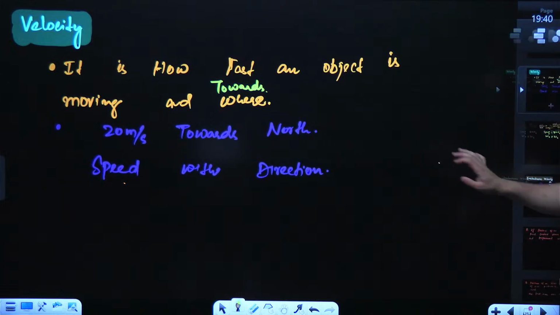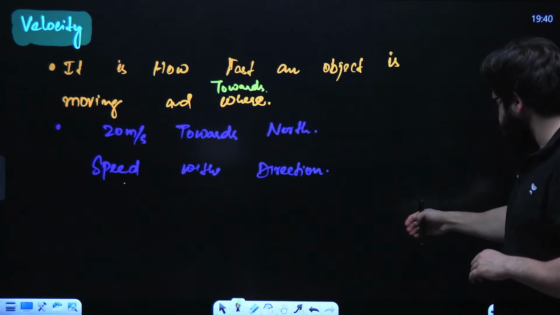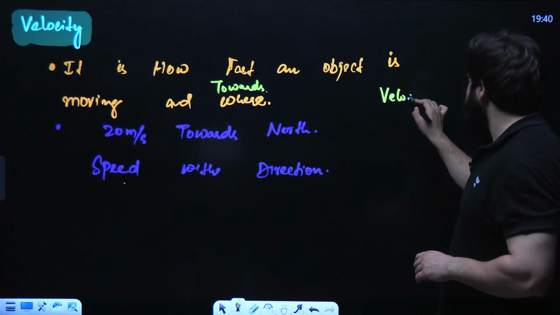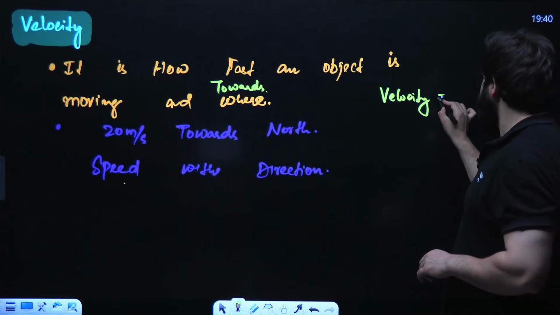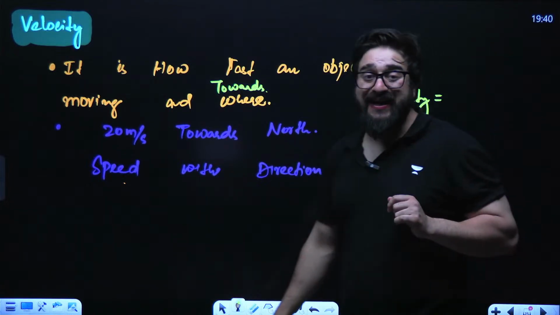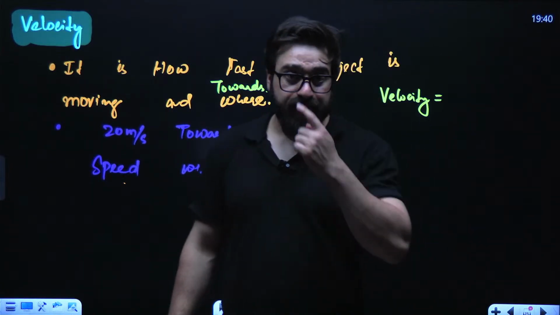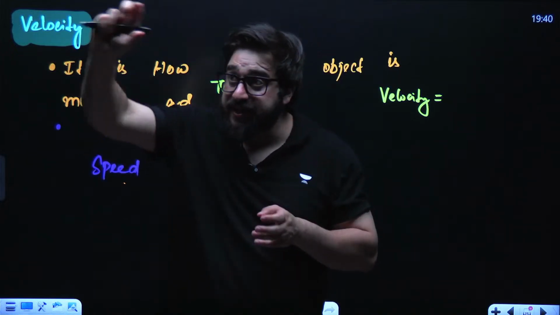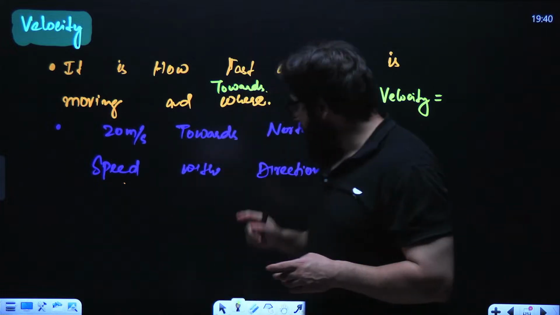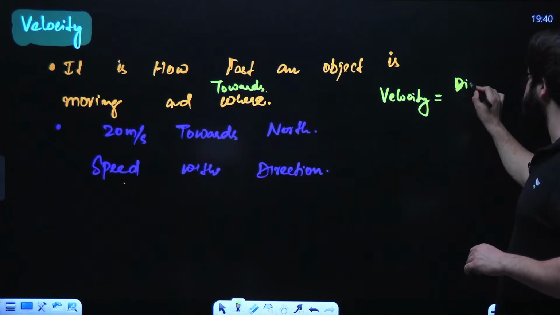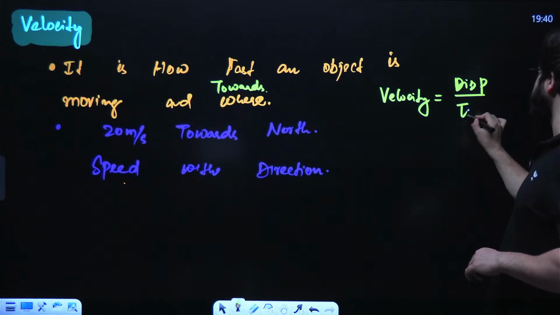Now guys, tell me one thing. If I have to define the velocity, in case of speed you took the total distance traveled upon total time taken, distance upon time. When velocity is a vector quantity, don't you think we should take displacement divided by time?